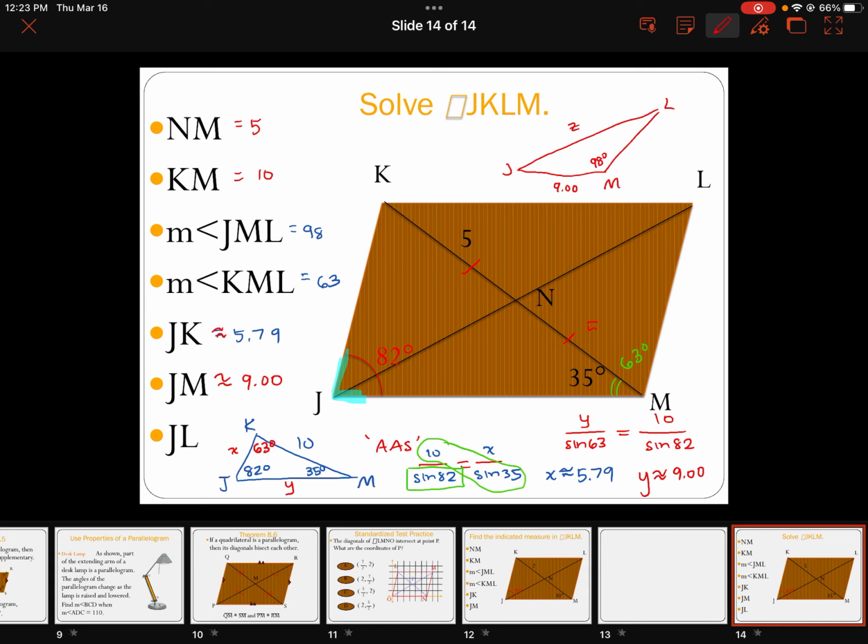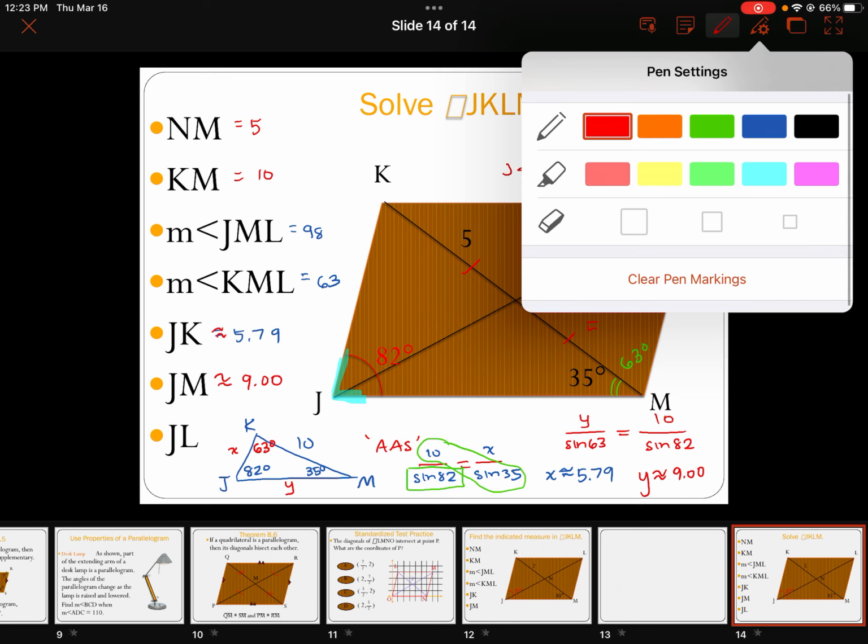The only issue with that is it's not exact. So watch yourself there. What else do we know? We also know this side on the right is 5.79. Again, that's not exact either. So you have to use two things that aren't exact to maybe find an angle measure first here.